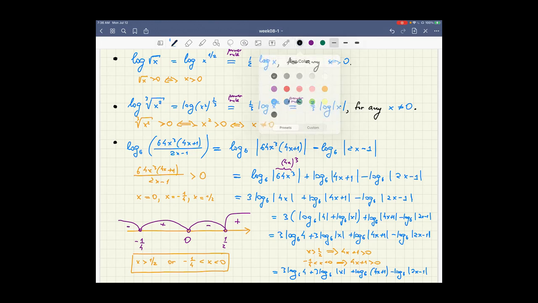Again, this holds for any x in the union of intervals, -1/4 to 0, union 1/2 to infinity.